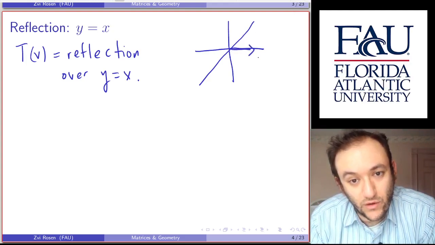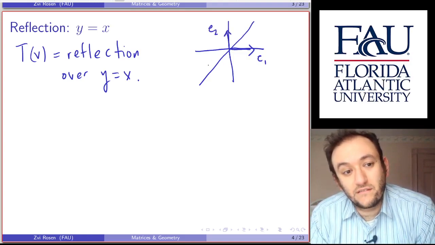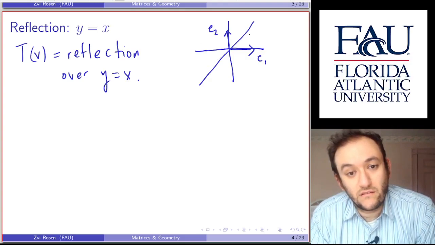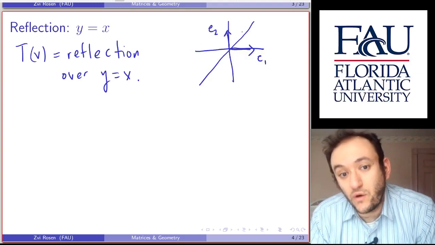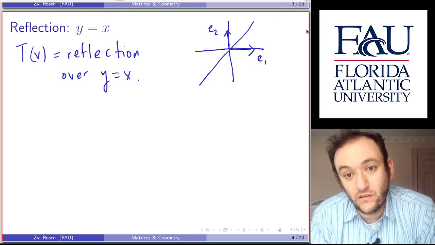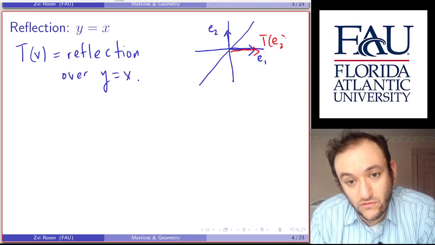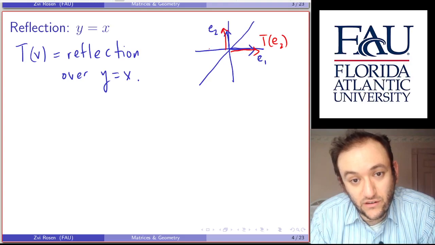So if we have e1 here and e2 here, then T swaps these two vectors. So the output is this vector T of e2, and this vector is T of e1.